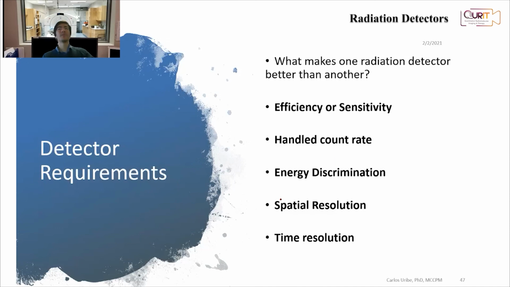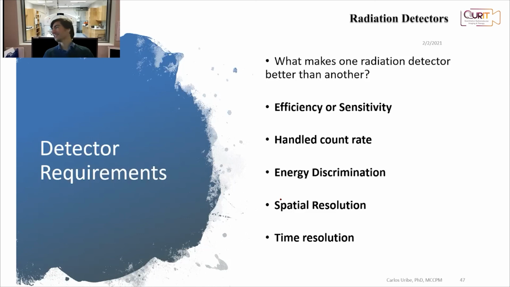So what makes one radiation detector better than another? Again, stay tuned. We're going to look at the math of each of these bullets that I'm putting here. Is your detector efficient, or is the sensitivity of that detector high? That basically means how many particles from the total number of particles that are there are you actually detecting? How can they handle a count rate?